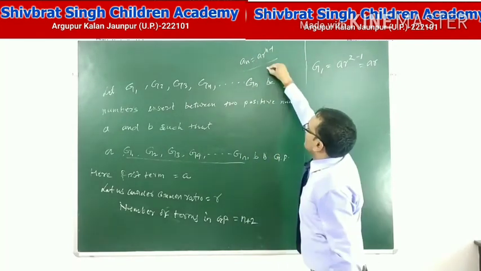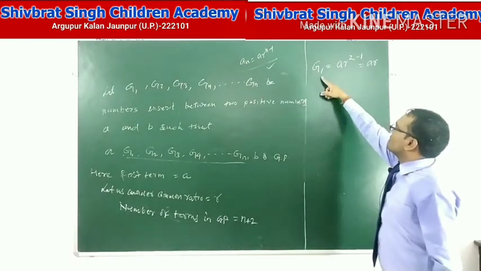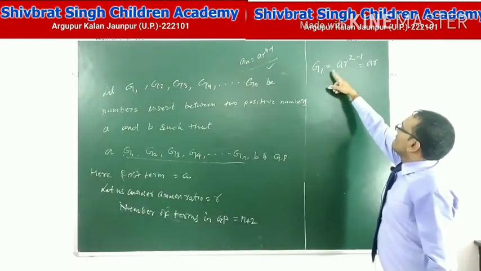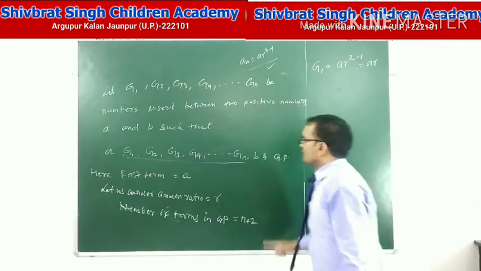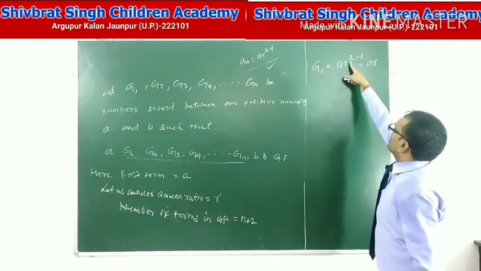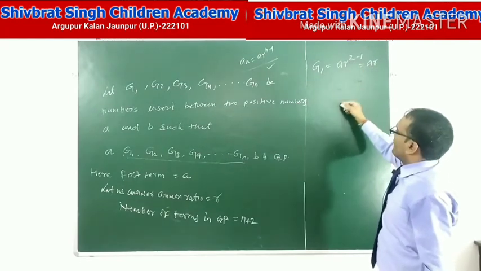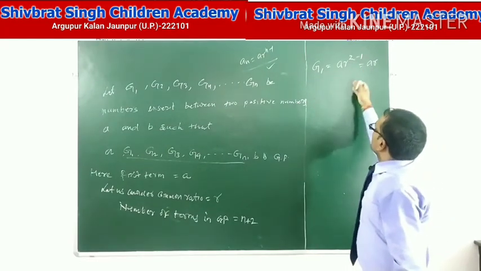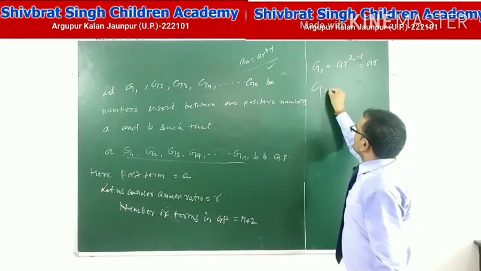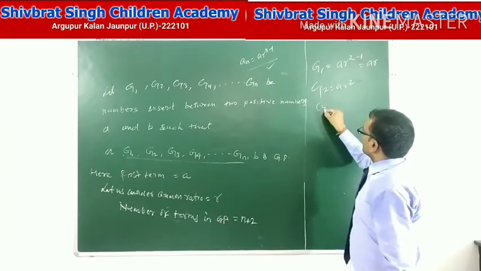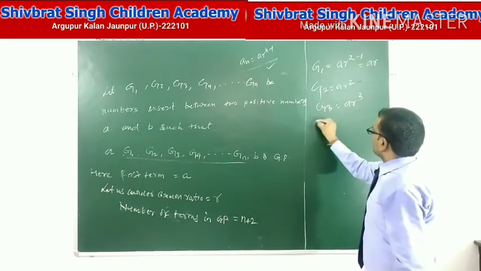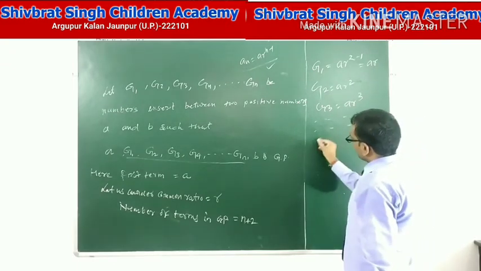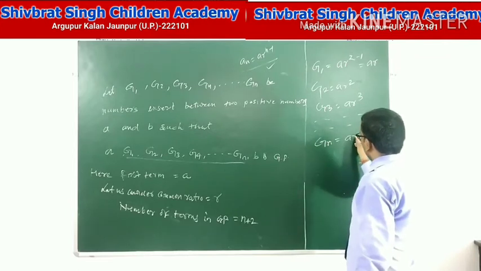Using this formula, G1 is the second term, then G1 equal to ar to the power 2 minus 1 equal to ar, and G2 equal to ar square, G3 equal to ar cube. Similarly, Gn equal to ar to the power n.